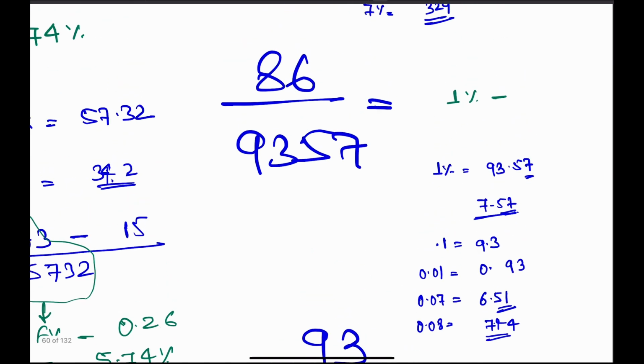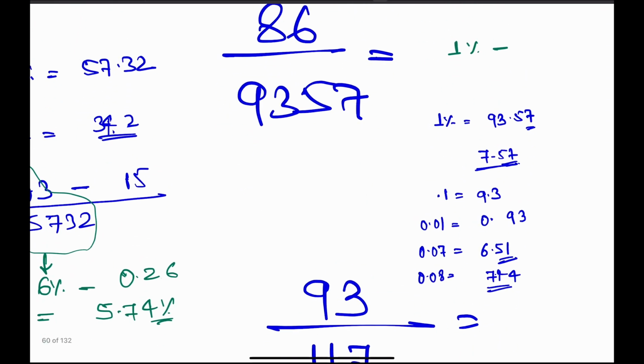Yeah, 8 is nearer, so I'll just remove 0.08. It will be 9.90992.